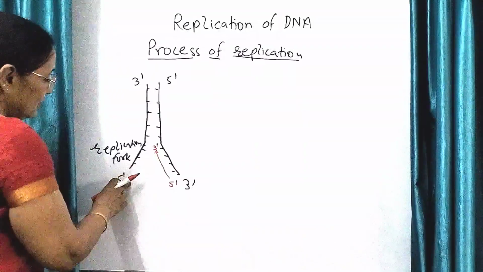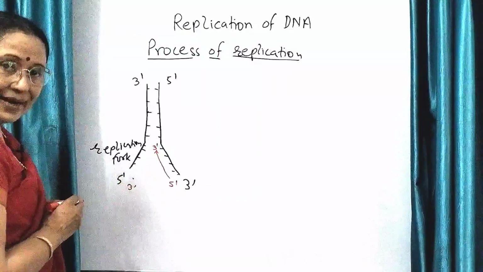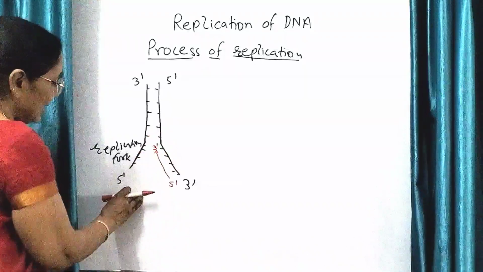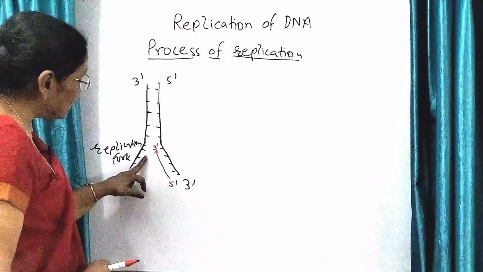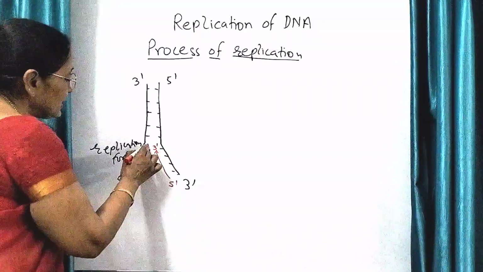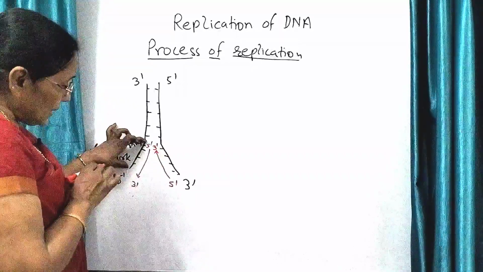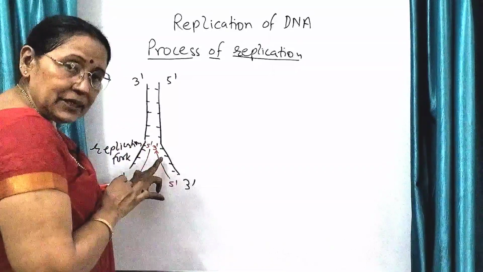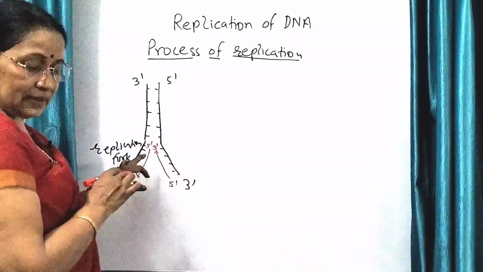But look here, the other strand will have its 3 prime end this side, so it cannot proceed this way. So what solution does it find? It does not replicate in this direction, rather it replicates in this direction, because here it is 5, here it is 3. But what happens due to that? It has opened this much. We will see how this strand becomes a continuous strand without any breaks, and this strand will have many breaks.